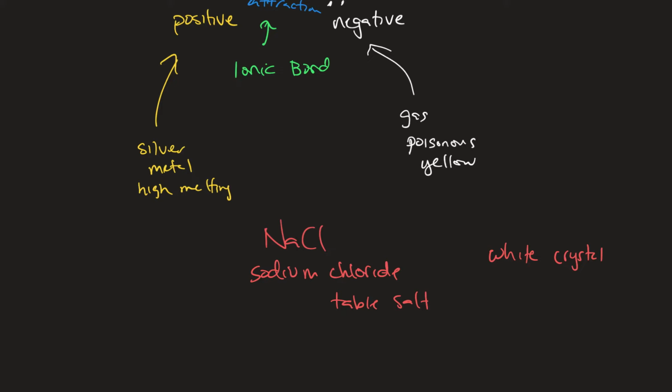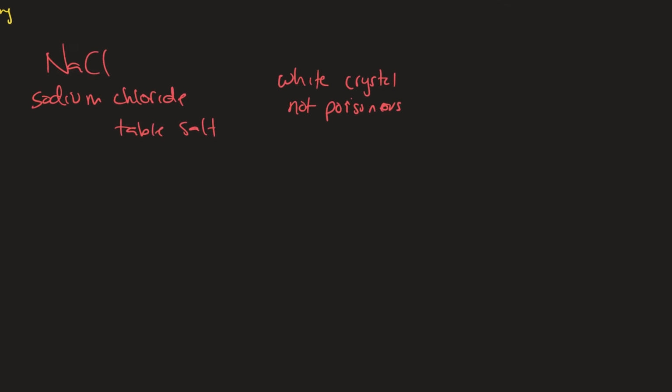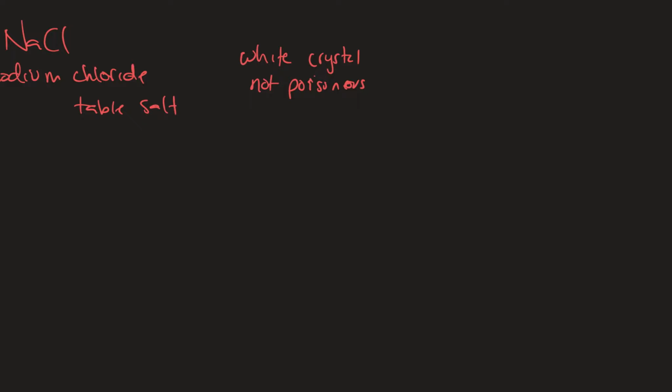It's not poisonous at all. If anything, we put it in our foods all the time. It makes foods taste great. So it has a completely different physical property. Oftentimes when we have ionic compounds, the properties of those compounds are completely different from the elements that make it up.